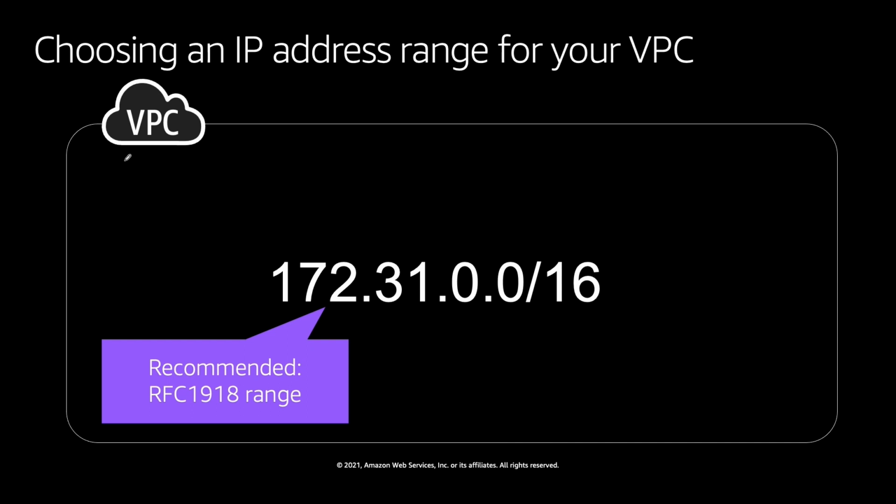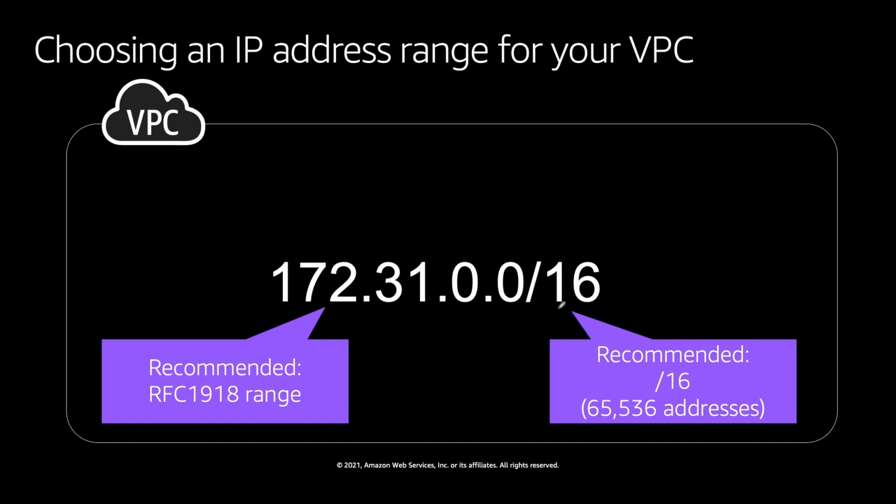All right, so there are many different ranges available which you can use as a private IP, and this is one of them. Now if you look at this IP address, the last number is 16, and that basically says how many different IP addresses you can get out of it.